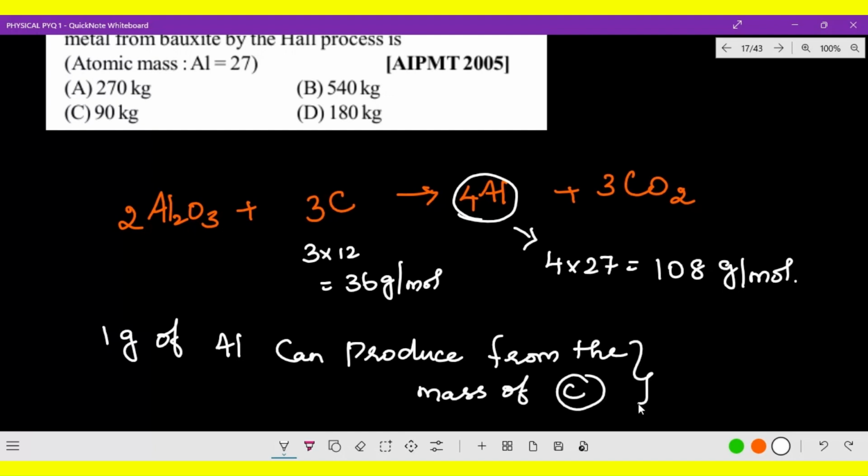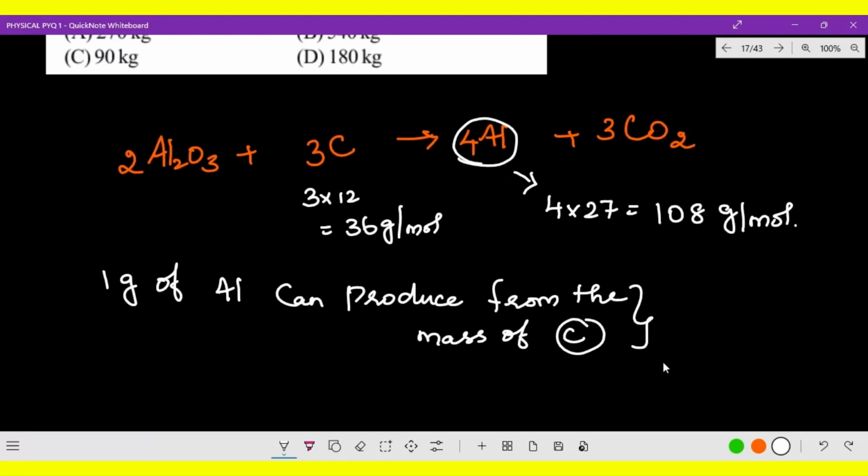I just mentioned here, it is 36 by 108. 36 is 3 moles of carbon. And here what is it?